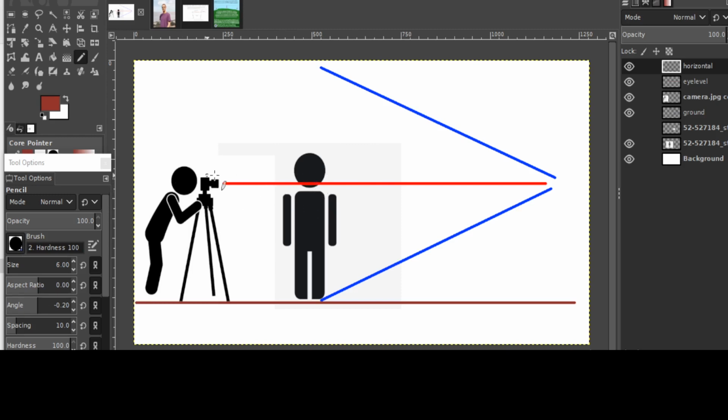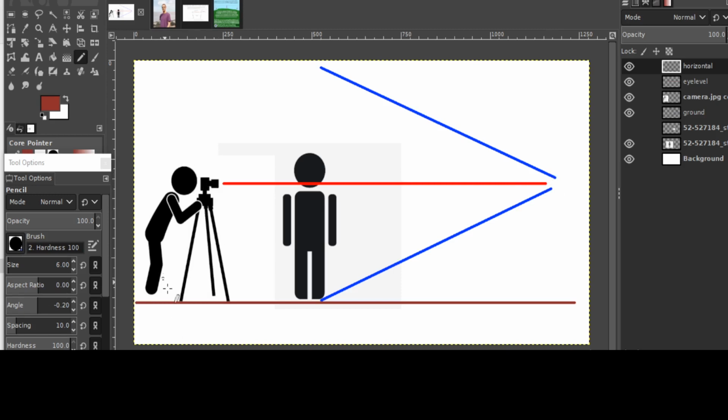I'm close enough to the camera that it's quite accurate that the camera's right there at the neck. And of course, what's happening in the photograph is that the photographer's line of sight is creating a horizon in the distance. That's where the horizon is in the photograph for the photographer.